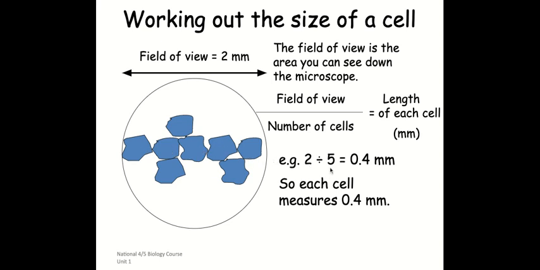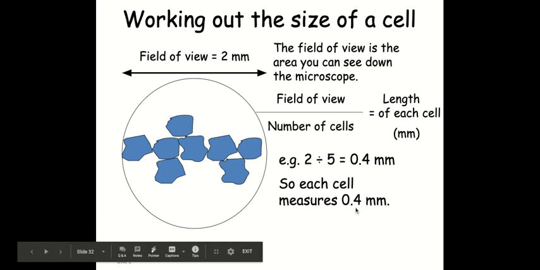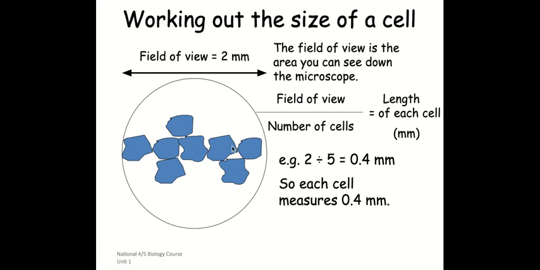So 2 divided by 5 gives you 0.4 millimeters, because it was 2 millimeters to start with, so we must include our units at the end. This means that each cell here roughly measures 0.4 millimeters in length.